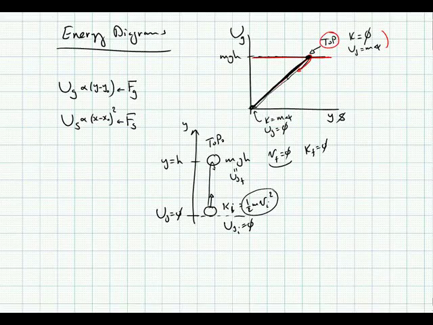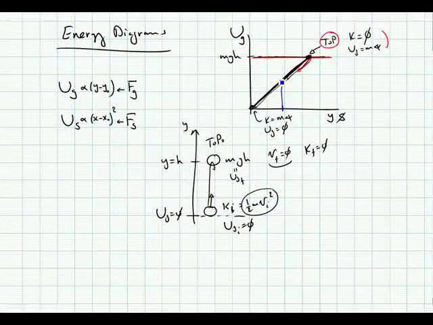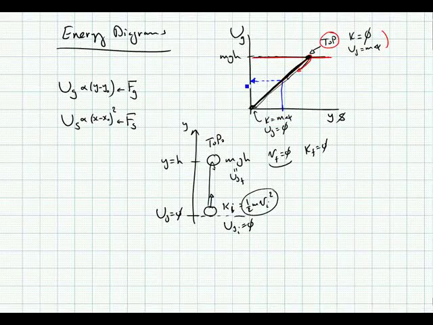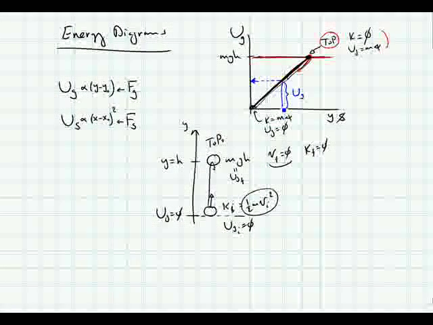Now, the potential energy at any other position, let's say here, is of course given by the graph, which is this level right there. So this amount here is the potential energy that the object has at this particular y value.